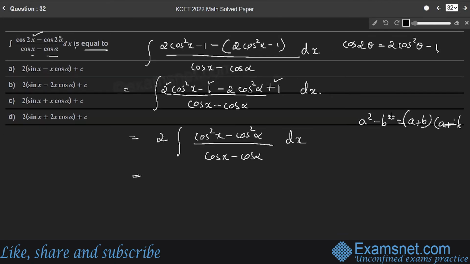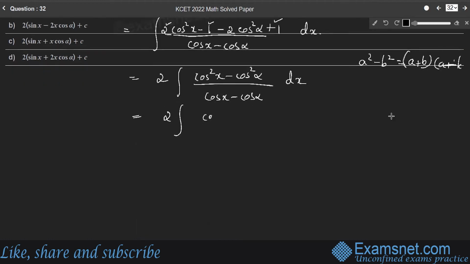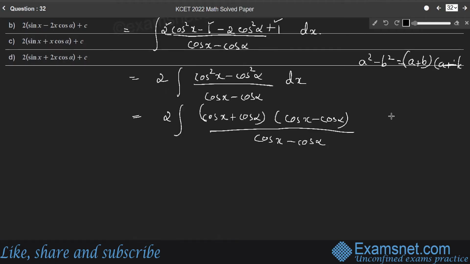Therefore, 2 into integral, cos x plus cos alpha into cos x minus cos alpha, whole divided by cos x minus cos alpha. Here cos x minus cos alpha will get cancelled. Therefore, you will get 2 into cos x plus cos alpha dx.